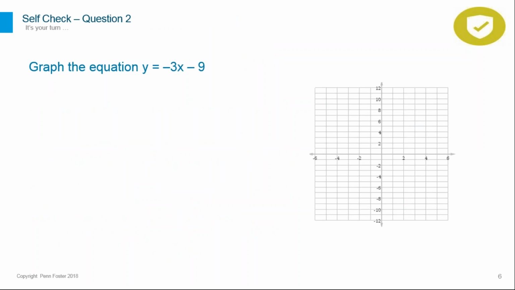The next problem is another practice problem. We can read the problem together and you can take your time, do the problem and come back to the video. Graph the equation y = -3x - 9. I noticed that the equation is in the slope-intercept form. So what information am I able to get from this equation to be able to graph the line?